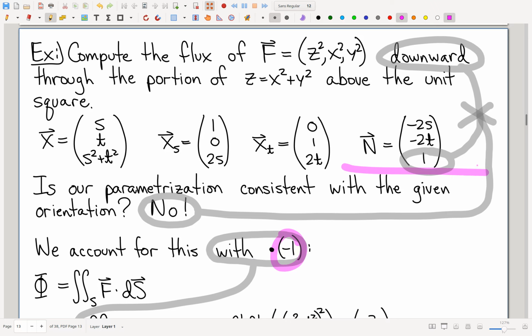Yeah? Does the flux direction have to be given like that? Yeah, well, that's right. So if I hadn't put this in here, if I had just not said anything, and if the question had just been compute the flux through this surface, then the question's ambiguous. And that would be a poorly written question.